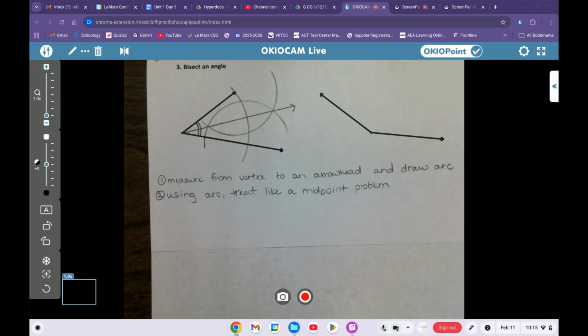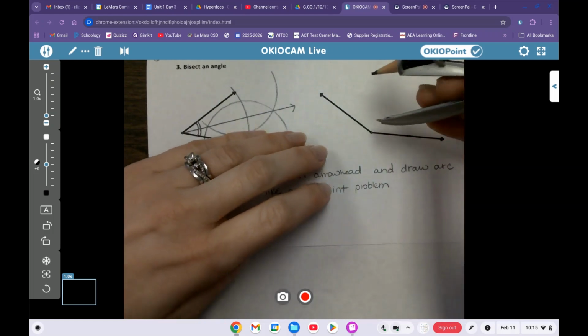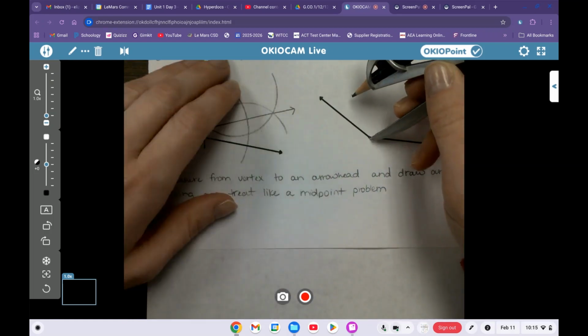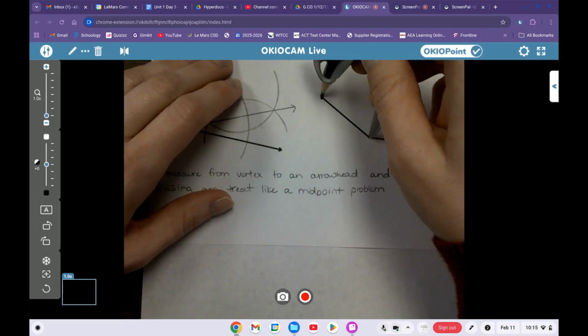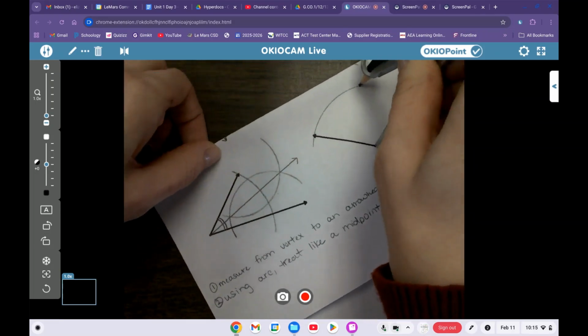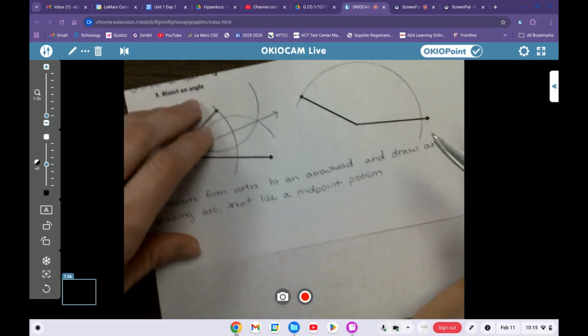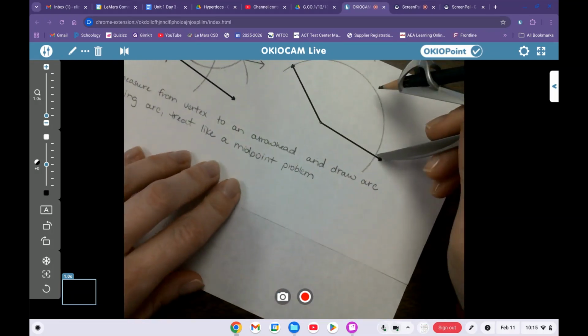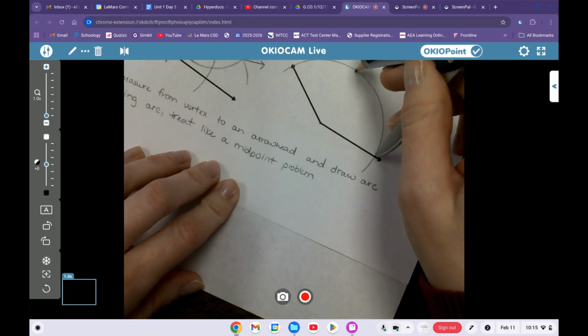All right, I'm going to start working through this one here. So it doesn't matter which one you measure to. I'm just going to go off to this side here. I'm going to draw an arc through my picture. Okay, using that same arc here, I'm going to go a little over halfway.